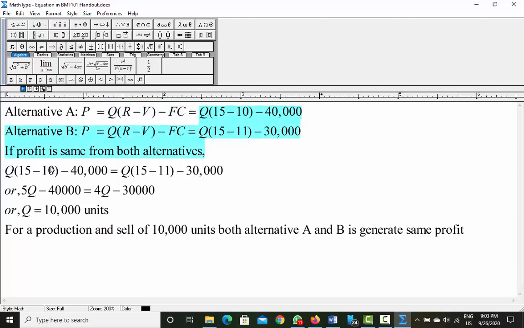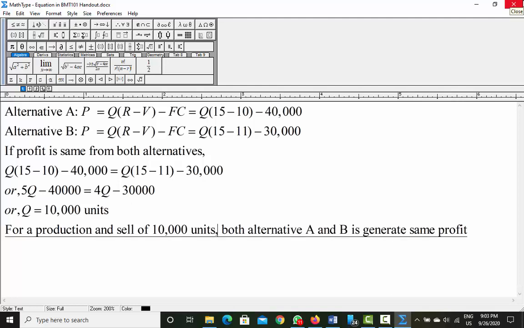Now if you solve it, you will see that the value of Q is 10,000 units. So for a production and sale of 10,000 units, both alternative A and B will generate the same profit. That means we will be indifferent between alternative A and alternative B.